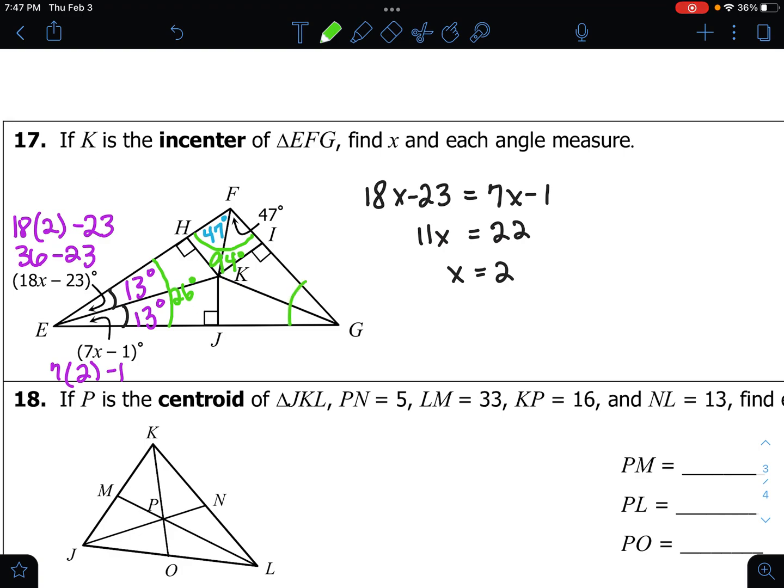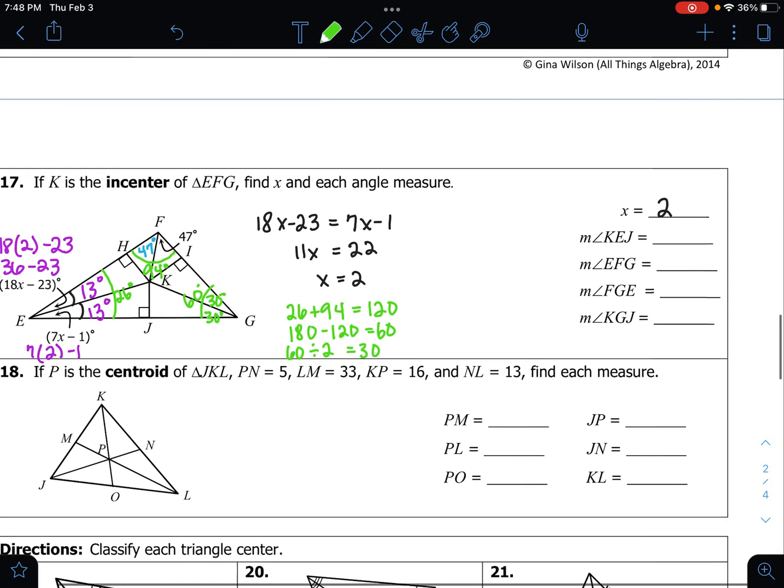So to find this angle over here, we're going to do that old trick of 26 plus 94. Add these two together, and then we're going to subtract that from 180, which is obviously 60. And then just divide that by 2. I don't know if we're going to need all this. I'm just doing a lot on the front end, so I don't have to figure it out later, because that whole thing was 60, right? All right, cool. Now let's see if I did too much.